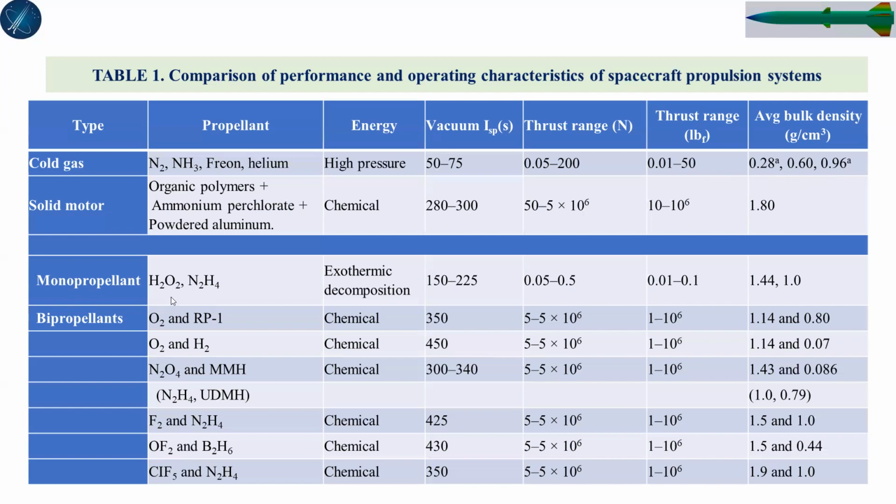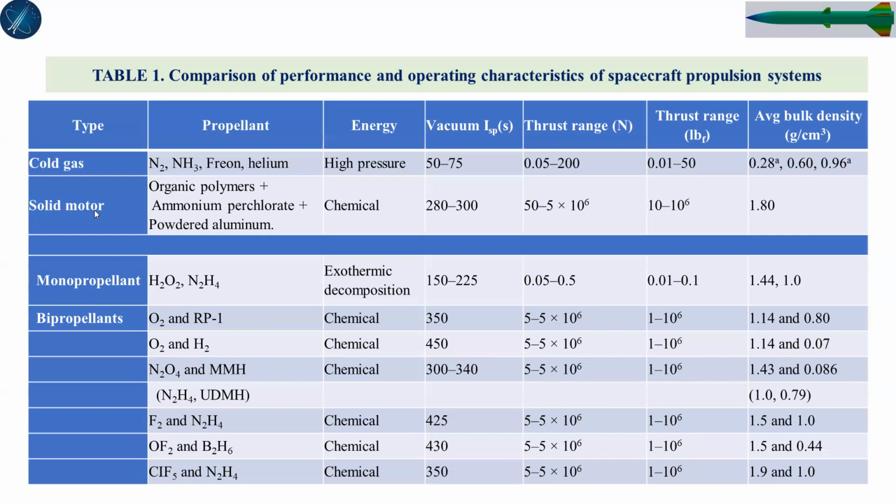And when we come to solid motor or solid propellant, it uses organic polymers, which are the cast form of polymers. It also uses ammonium perchlorate, and it also uses powdered aluminum as a fuel.